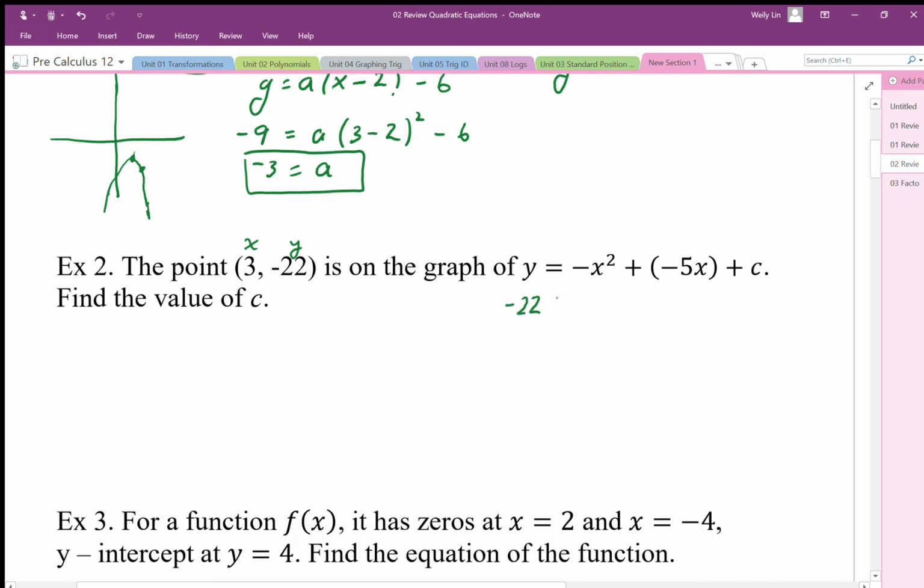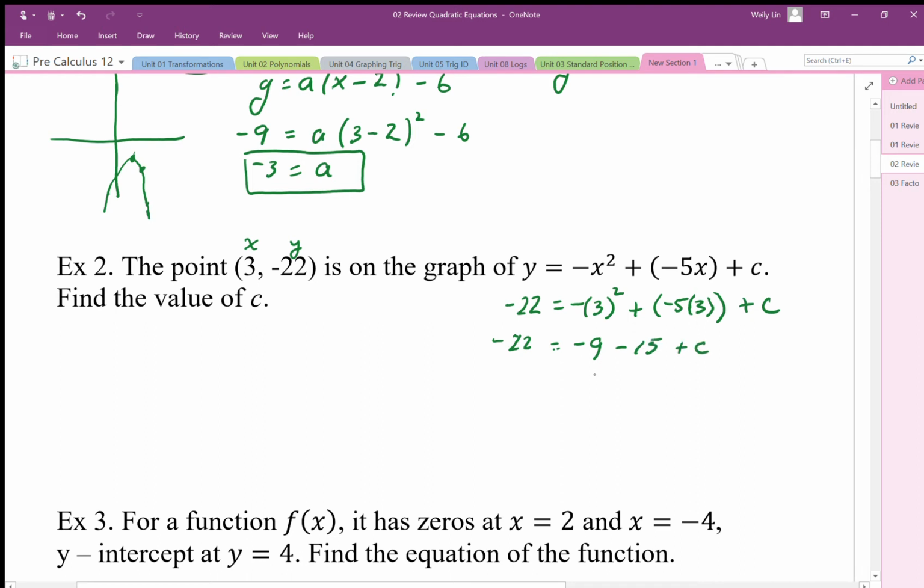So negative 22, x is going to be 3, plus negative 5 times x is 3, plus c. That's c, the only thing unknown in this equation. So then I just work this out. So negative 22 is equal to negative 9, this is going to be negative 15, plus c.